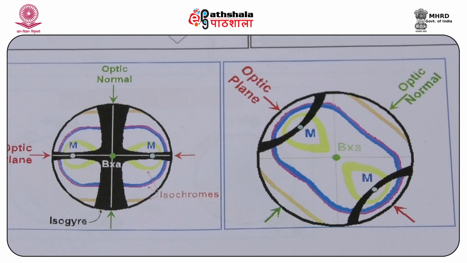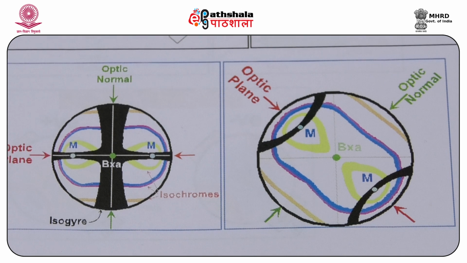Only the light rays that are parallel to the optic axis will experience zero retardation. Any light ray inclined to the optic axis will experience increasing birefringence, so retardation increases away from the melatopes, resulting in the oval pattern which we are observing.